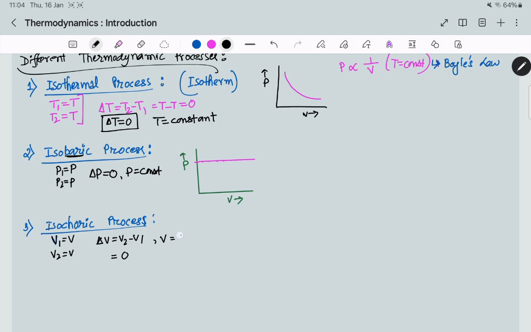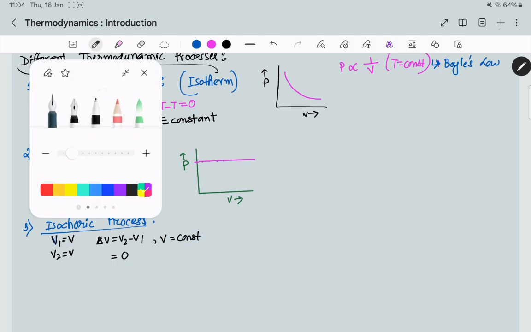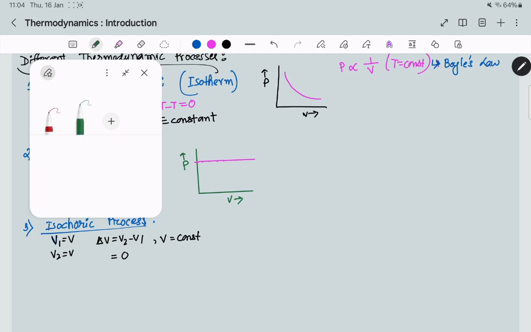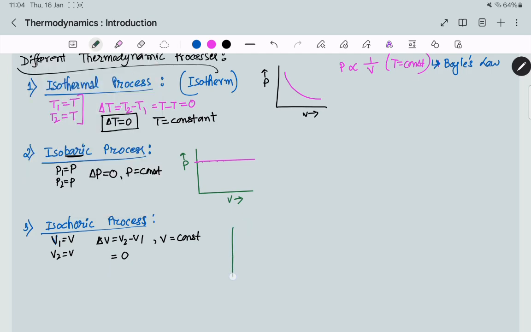So when volume is constant, the curve will look like this, because we are fixing one exact value of the volume.